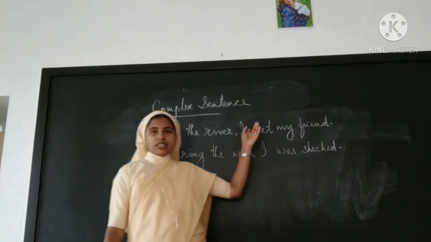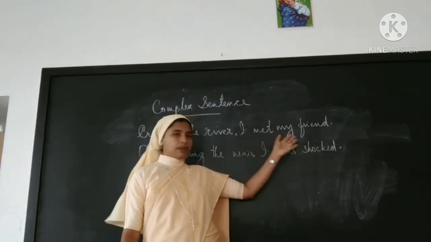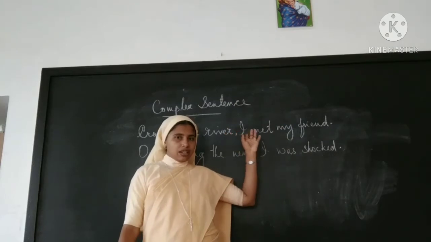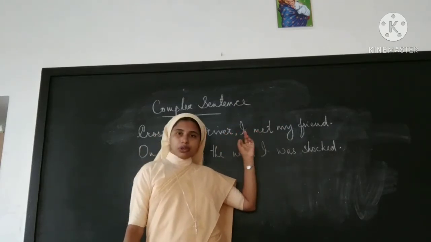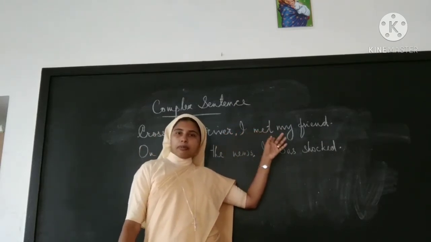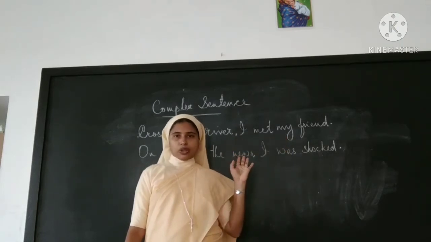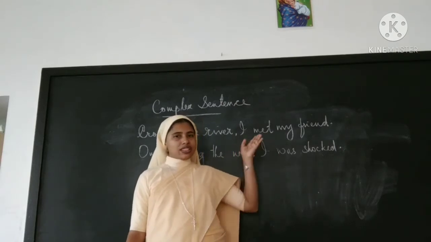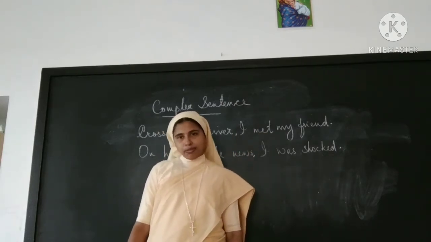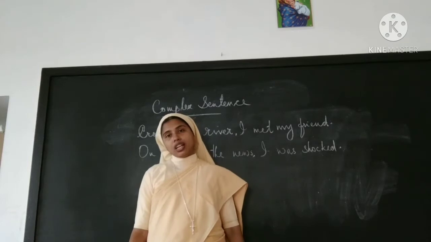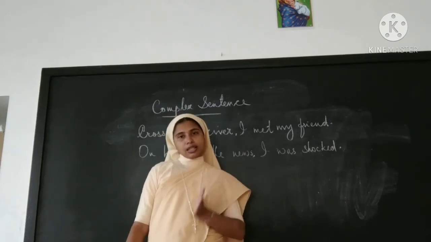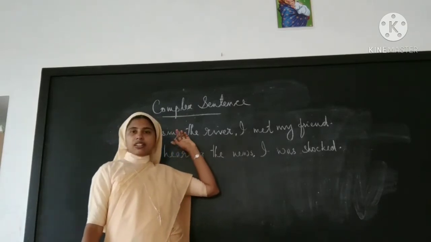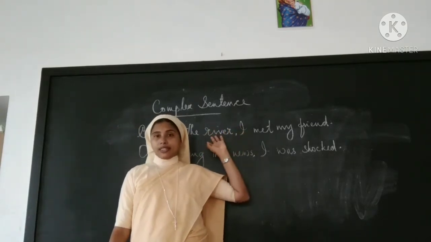In the second part, I met my friend, there is a subject and verb: I, subject; met, verb. So there is only a single clause. So this sentence is a simple sentence because there is only a single clause and that is the main clause. And this part is called the phrase.